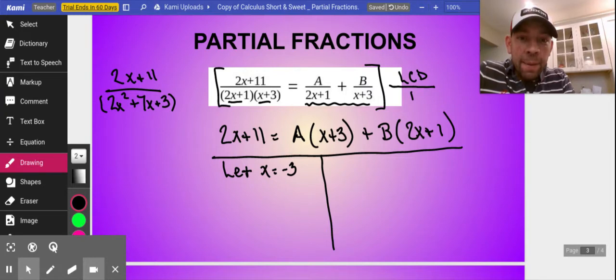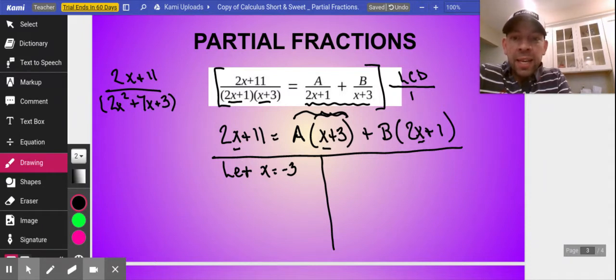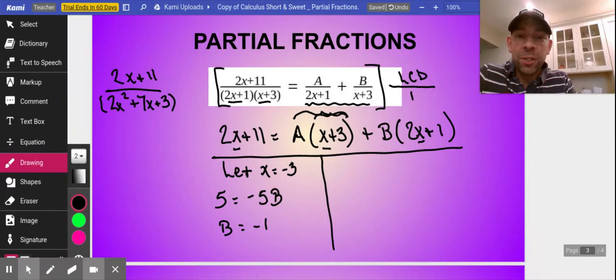The reason that's advantageous is because it's going to make a 0 right here, which is going to wipe out this entire term. So I'm going to go ahead and substitute that -3 wherever I can, and that's going to make 5 equals 0 plus -5B. And all of a sudden, bang, B equals -1, and I've got my first coefficient.